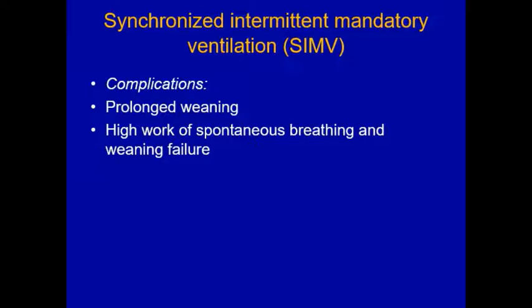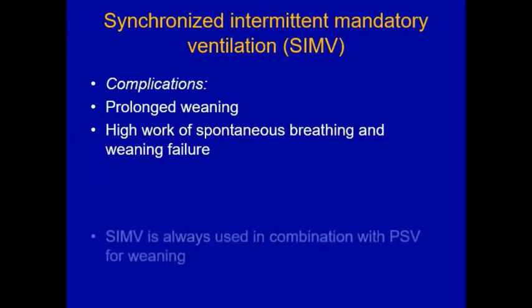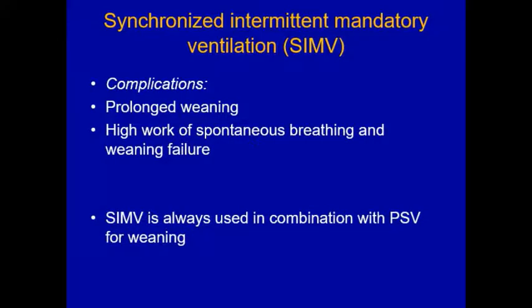When SIMV is used alone as a mode, then it prolongs weaning. When SIMV is used along with pressure support, then it facilitates weaning. So this is important. Also complications are high work of spontaneous breathing and weaning failure when it is used as a sole mode. This is why SIMV is always used in combination with pressure support ventilation for weaning.